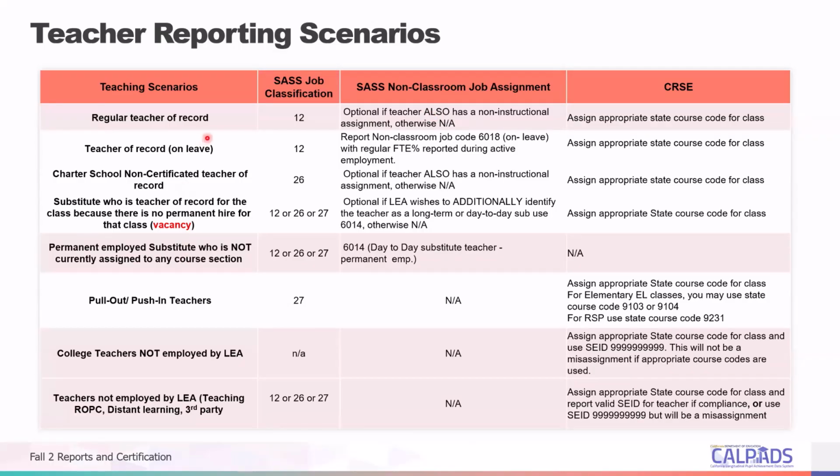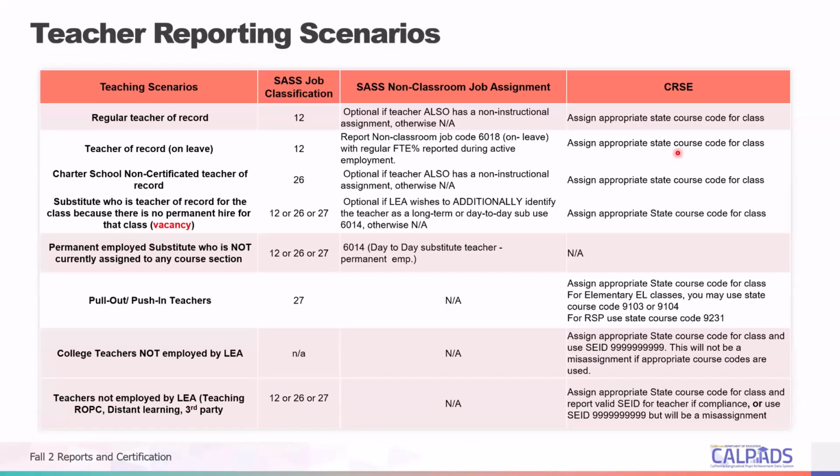Then we also have a teacher of record who is on leave. So a teacher of record is a staff member permanently assigned to a class. If the teacher of record is on leave but remains employed and continues to be the designated teacher for that class, they must still be reported as a teacher of record for the course.